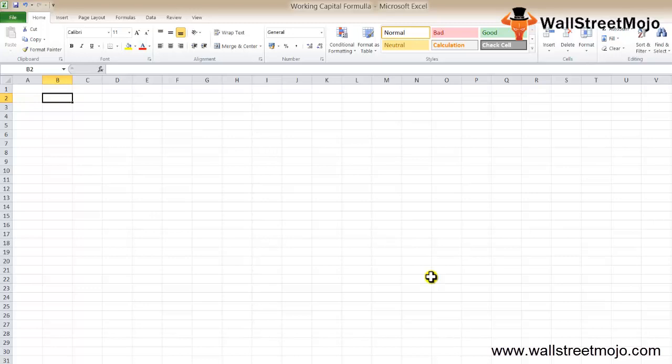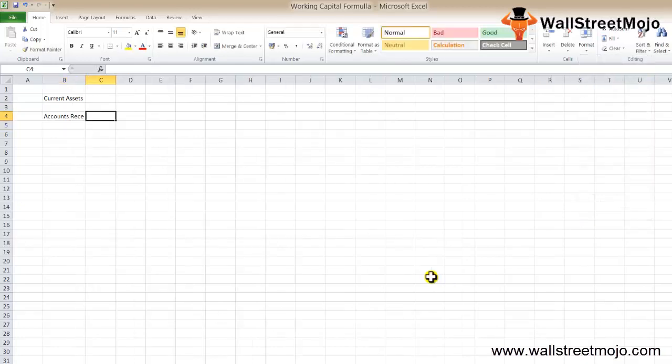Let's say there's this company, Apple Inc., which has information on current assets. It has accounts receivable. Let's say the accounts receivable is 40,000. Then you have cash balance, let's say that is 15,000.